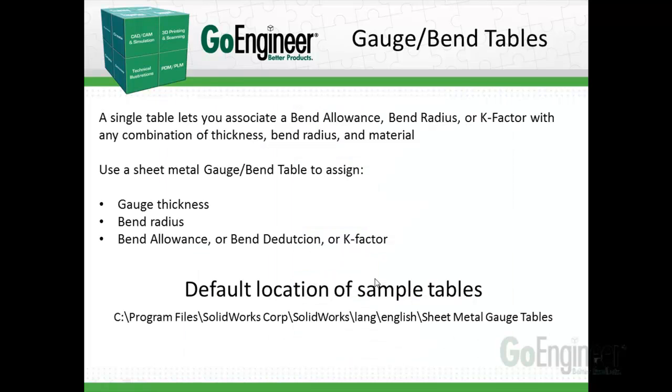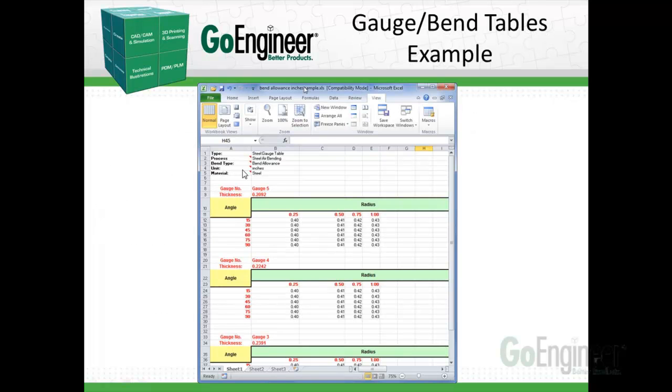Then we have another table. It's kind of like the gauge table. It's a combination of the bend and gauge table, and the advantage here is you can have choices of gauge thicknesses, bend radii, and bend allowance, bend deduction, or K-factor specified, not just the K-factor. It's in the same location as the other sample gauge tables, and that one is formatted completely different.